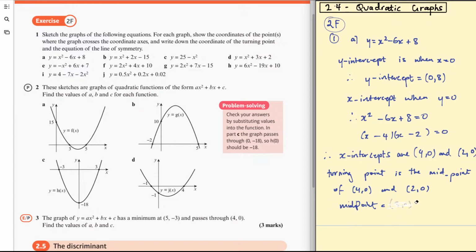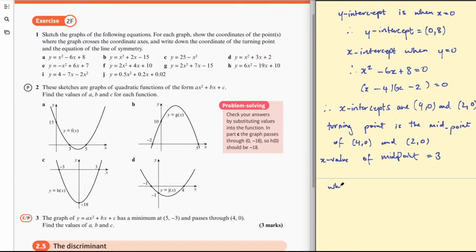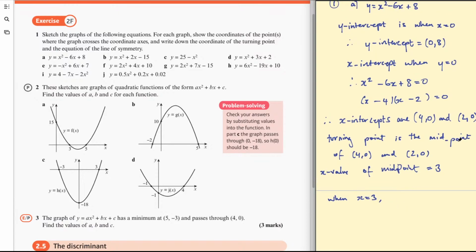Sorry, that's the x value. So the x value of the midpoint equals 3, and then you need to find the y value. So when x equals 3, y equals 3 squared take 18 plus 8, so that's 9 take 18 plus 8.